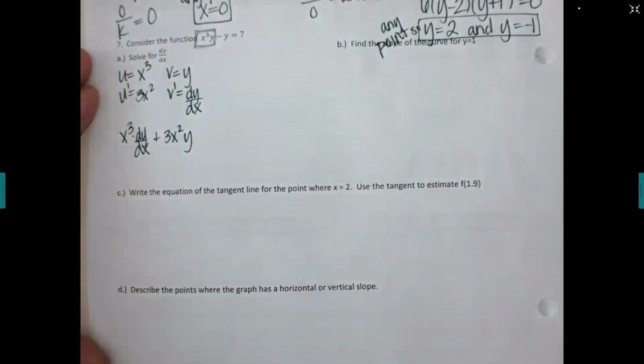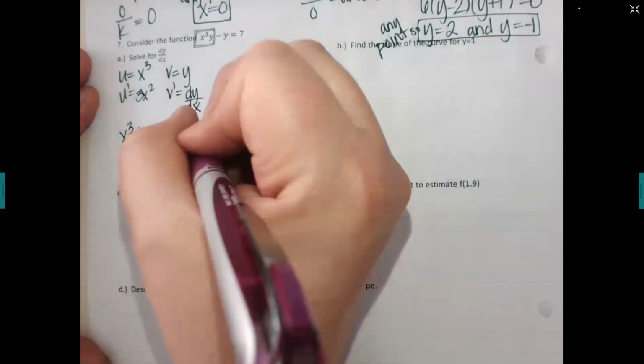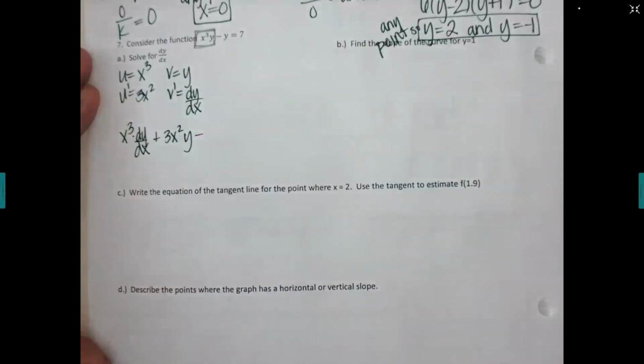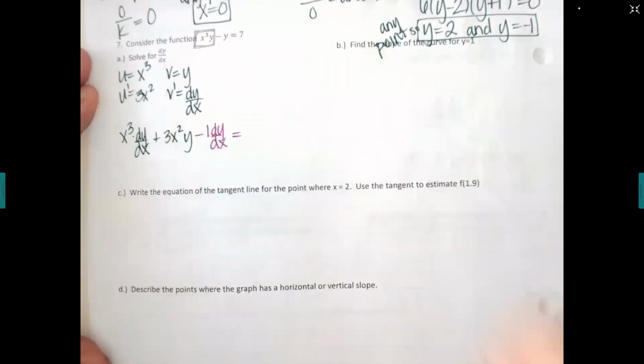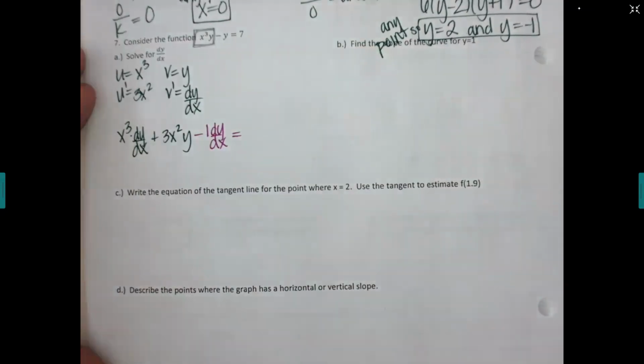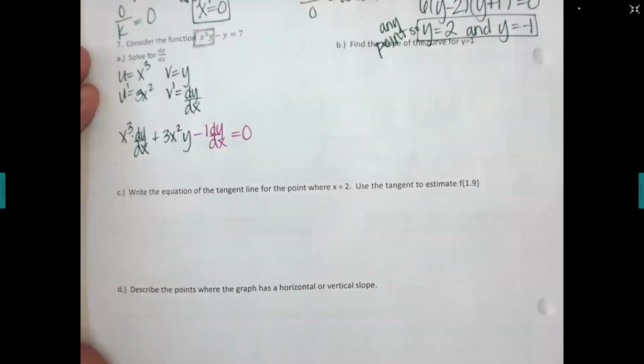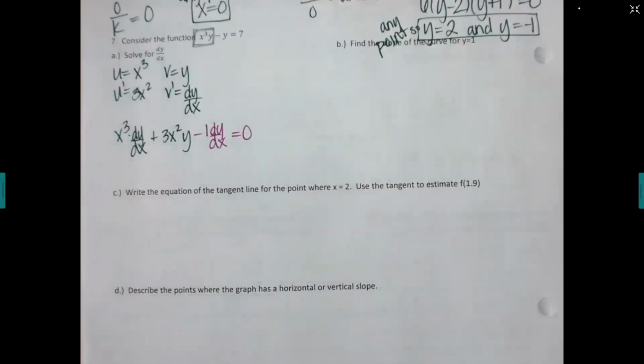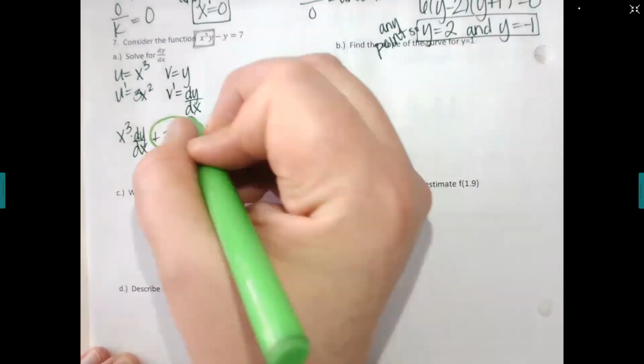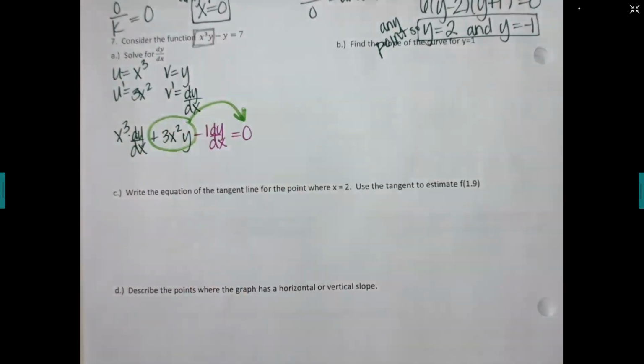Okay, so for minus y, what's the derivative? Minus 1 dy dx. No, you don't have to put the 1 if you don't want to. Equals 7. What's the derivative? 0. Thank you. Which term is going to move across to the other side? And if it was a plus, now it's a what?